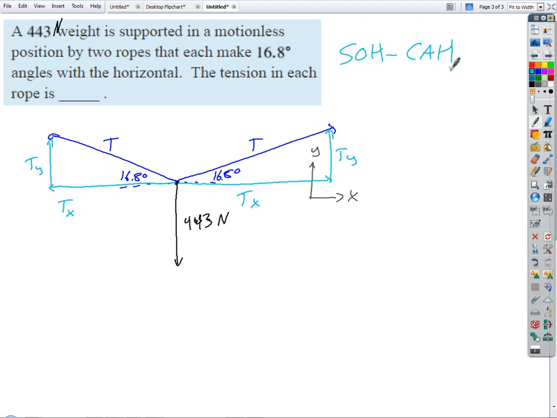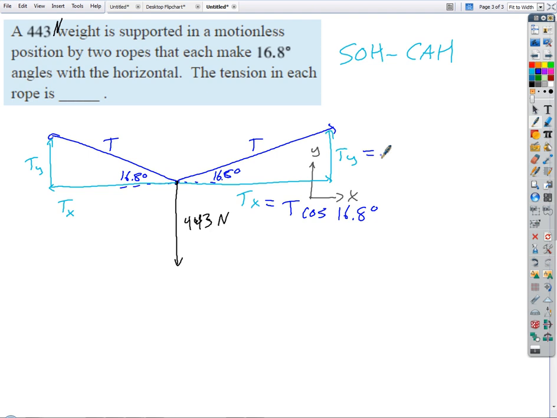So T sub x then is equal to T cosine 16.8 degrees, and T sub y, what's that one gonna be?